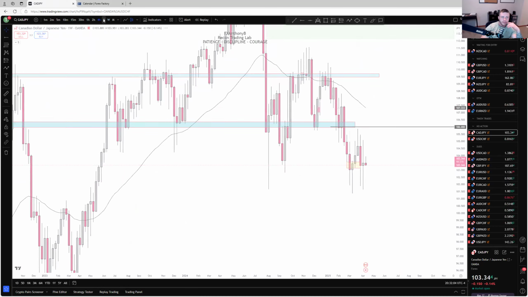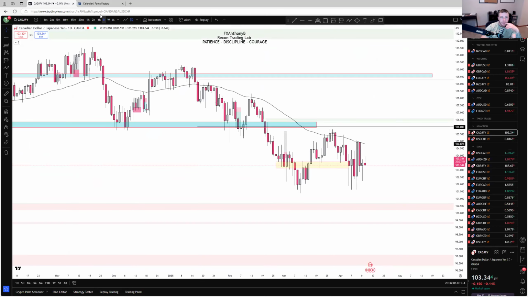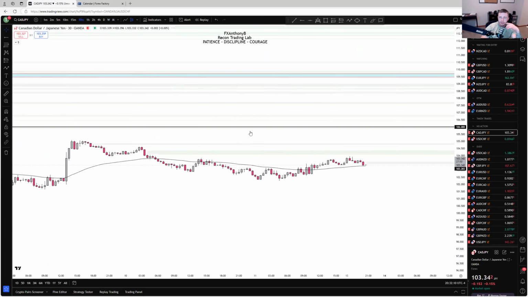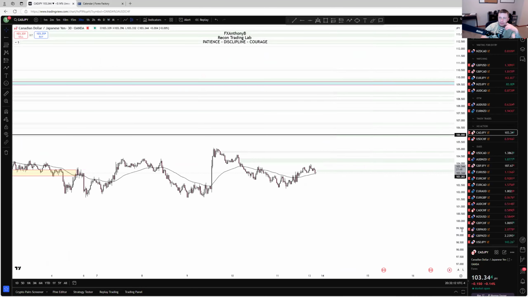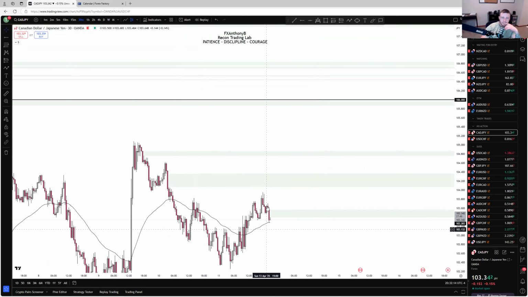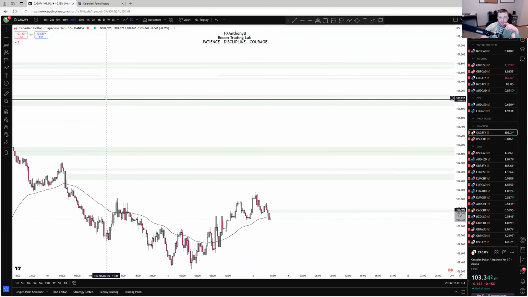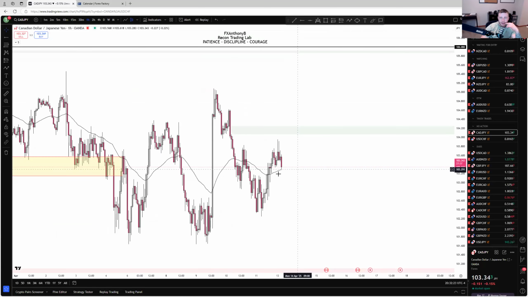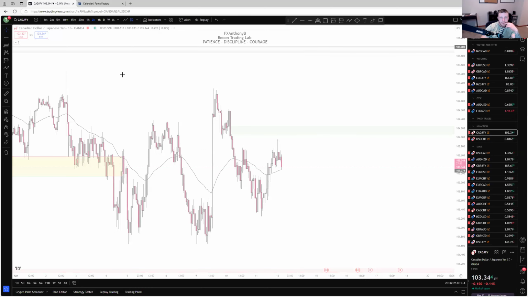According to time frame, we should be seeing a push. Well, 30-minute just had a bearish shift of structure. 15-minute just had a bearish shift of structure. 1 hour, we'll find out within 30 minutes.